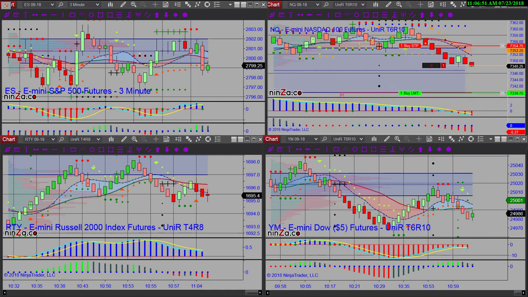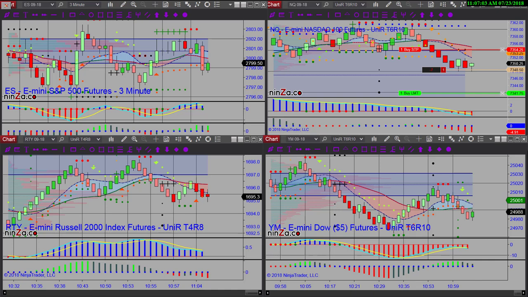Order filled. This will probably be our last trade of the morning, last opportunity to get green for the day.